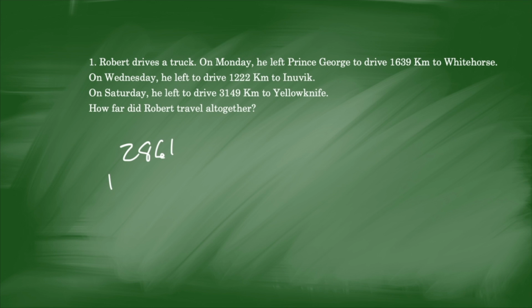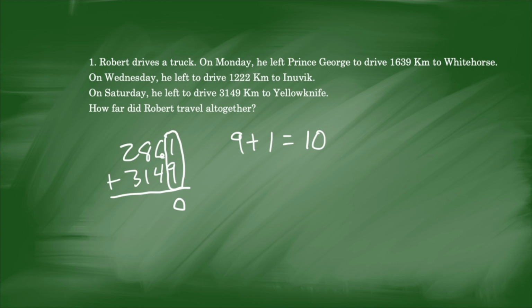2861 plus 3149. Again, starting with the 1 places, we get 9 plus 1, which means we have to roll over and get a 10. If we put the 1 here, we're going to have to make sure that we add it when we do this next column, such that we get 6 plus 4 plus 1.